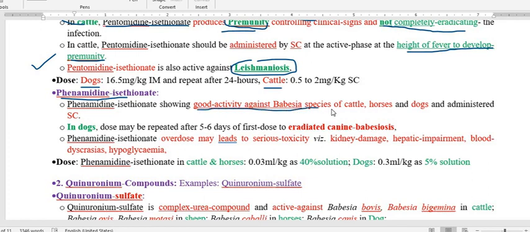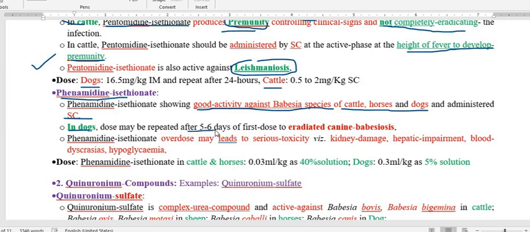Next from the same group is phenamidine isethionate. This phenamidine isethionate shows good efficacy against Babesia species in animals like cattle, horses, and dog, and is administered by subcutaneous administration.